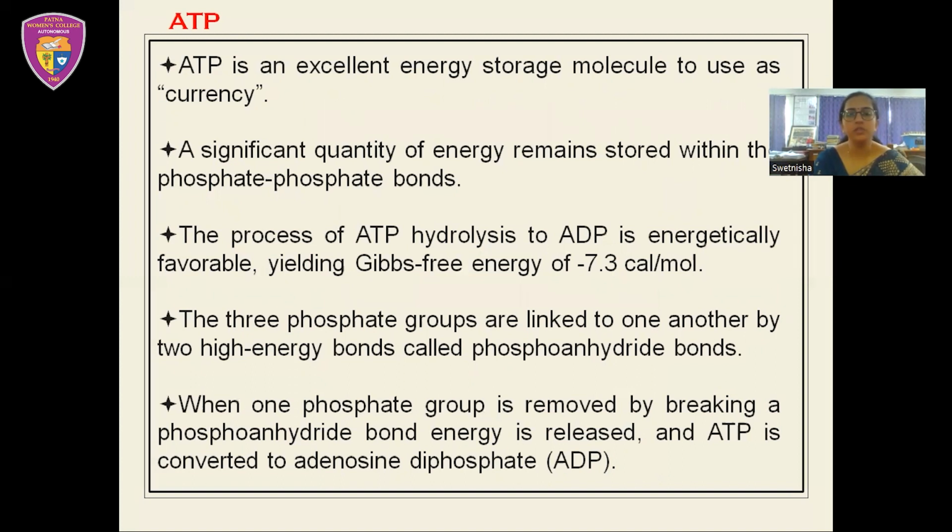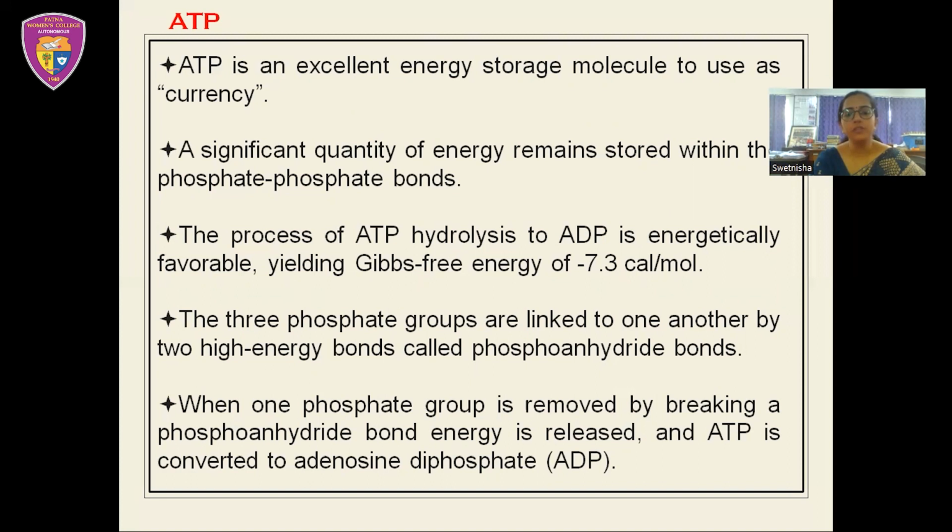The three phosphate groups are linked to each other by two high energy bonds called phosphoanhydride bonds, and whenever one of these phosphoanhydride bonds is broken, it leads to the release of a high amount of energy, and this is why ATP is known as the energy currency of the cell.